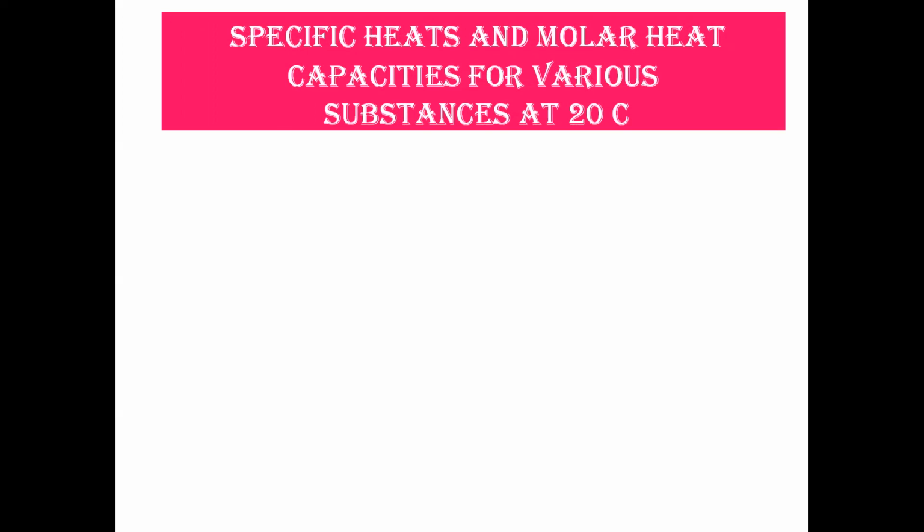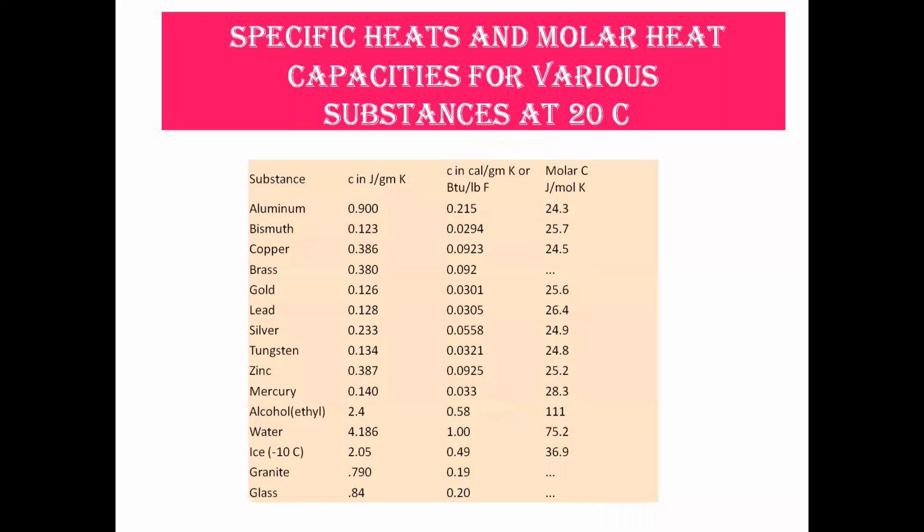Now, I have mentioned before that while solving problems, we have to use the specific heats of the materials. Here are some of the substances, with C in joule per gram Kelvin, C in calorie per gram Kelvin or BTU per lb, and molar specific heat in units of joule per mole Kelvin.